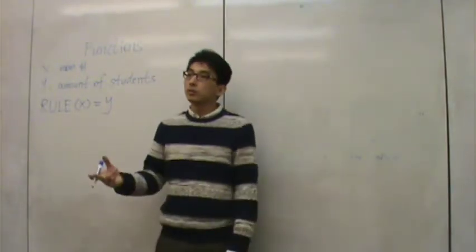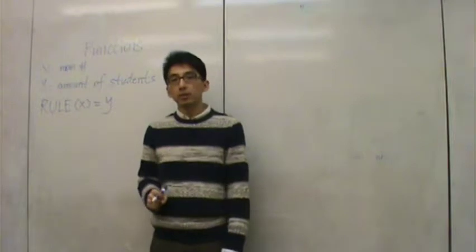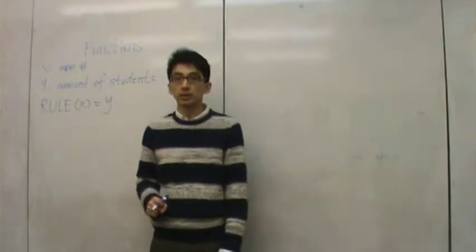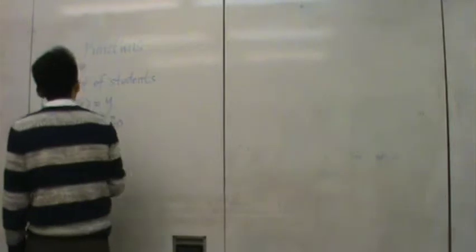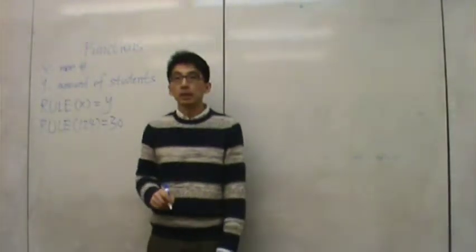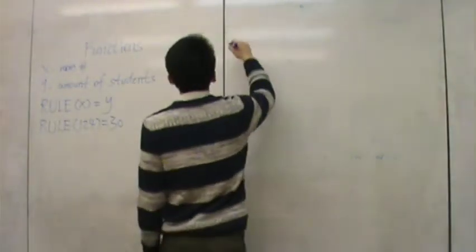Suppose here our room is 124 and we have 30 students here. So rule of 124 is equal to 30. Here is the formal definition.